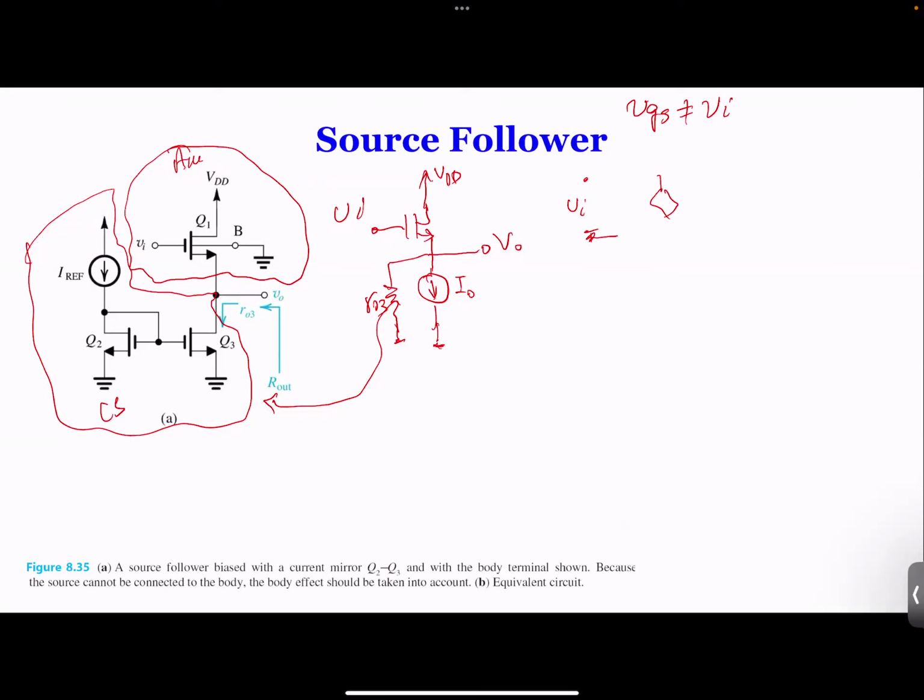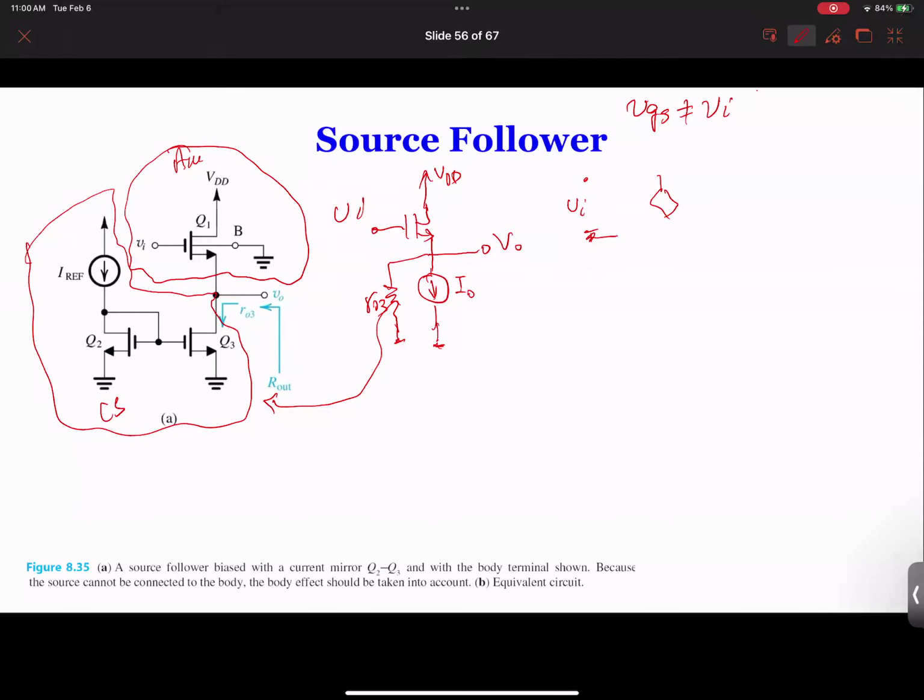So Vi is relative to ground. And here we have the output.